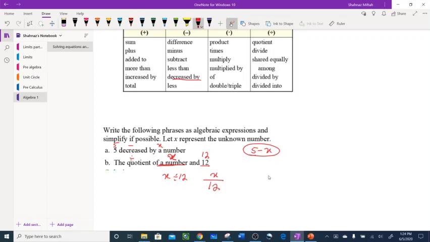If the question was the quotient of 12 and a number, the other way around, I can say 12 divided by a. For the number I use just a, or you can use an x. It is supposed to go in the same order. Since the number was first, it's going to go like that.